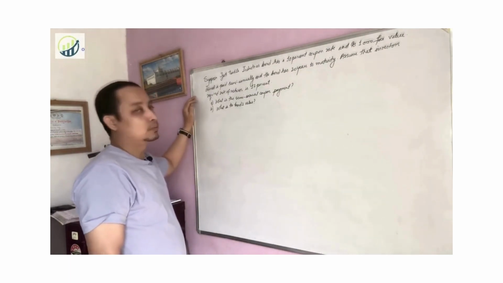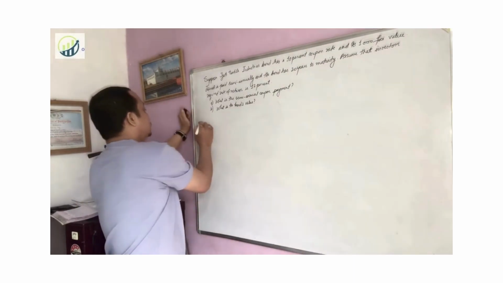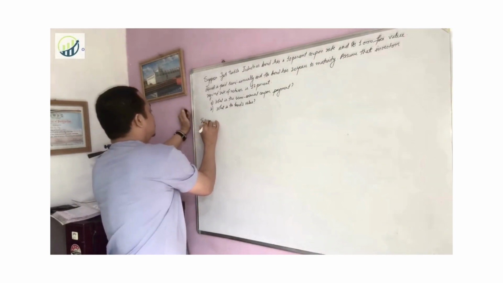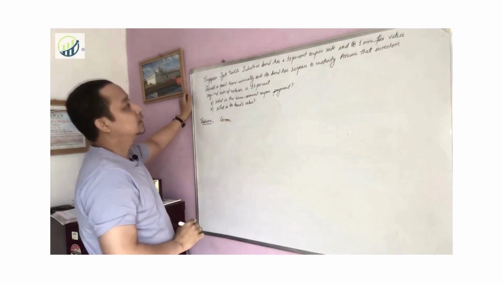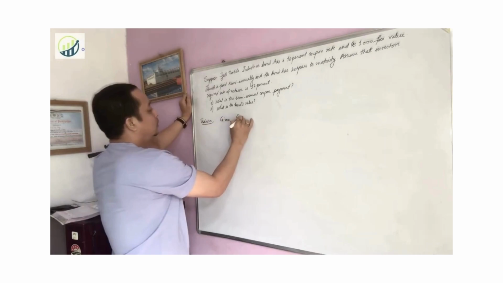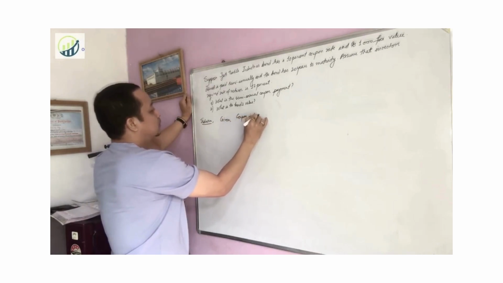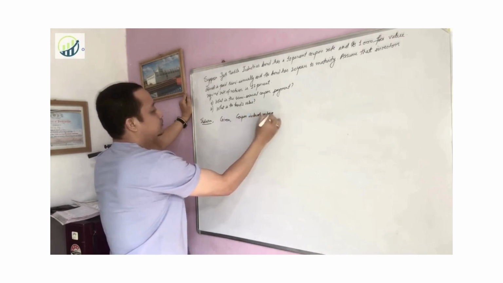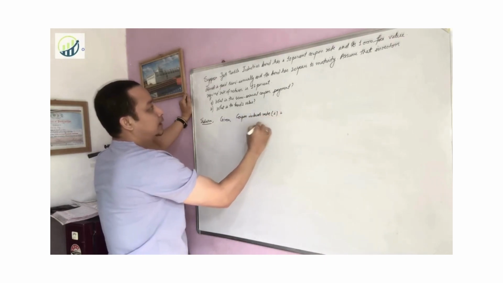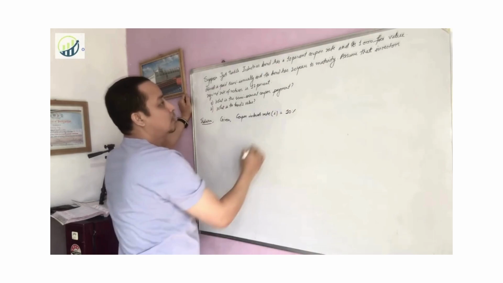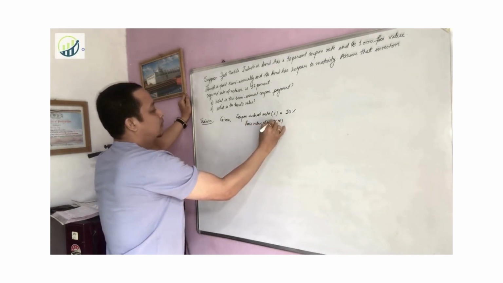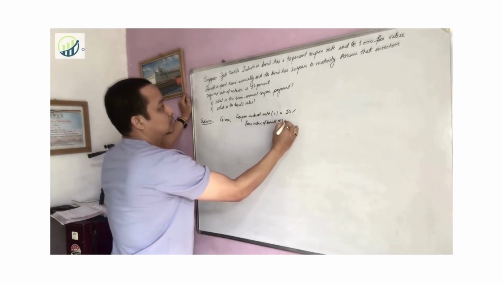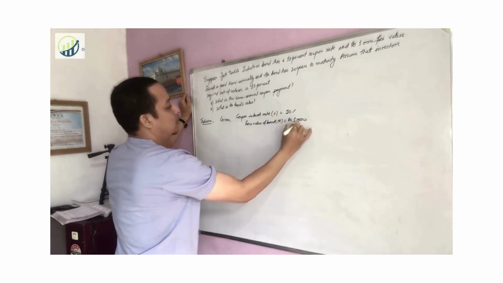So here let's solve it. For the solution, let's first write the given: coupon interest rate, small i, is 10%. Face value of bond, that is your M, is rupees 1000.